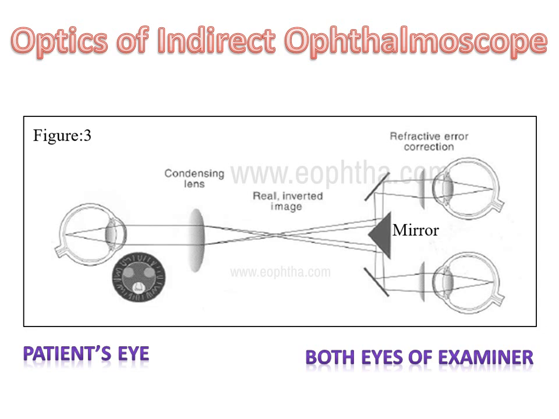You see that the interpupillary distance is converted into a smaller distance by this equipment, and stereopsis can be achieved because of the binocularity of examination in this particular equipment. And what you see is a real inverted image in between the condensing lens and the examiner.